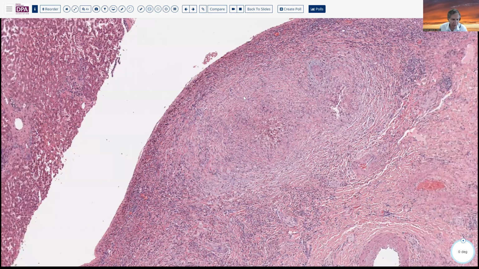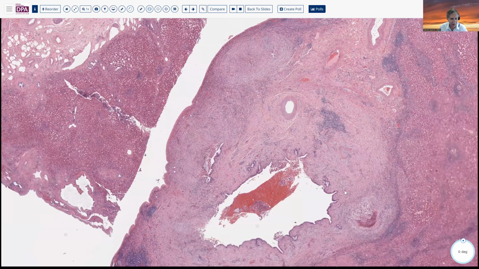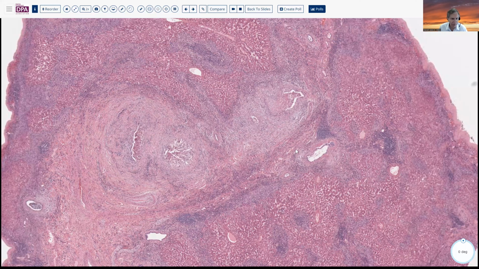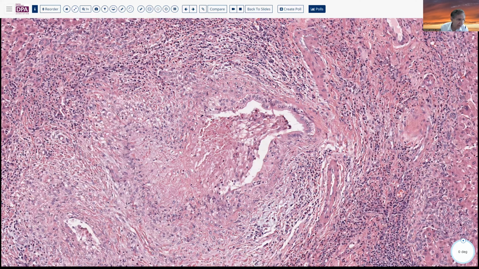But sometimes we get this sort of an eruptive granulomatous process out in the parenchyma that can be devoid of eggs or identifiable structures. So if we look over here, for example, here we see this very eruptive granulomatous process without significant evidence of eggs, at least that I can see in this particular area here.